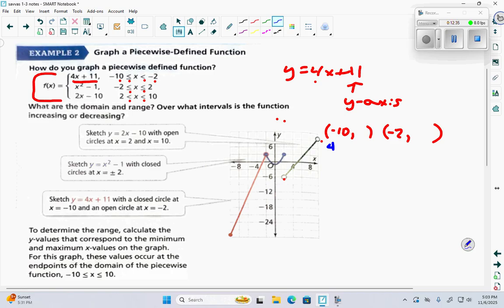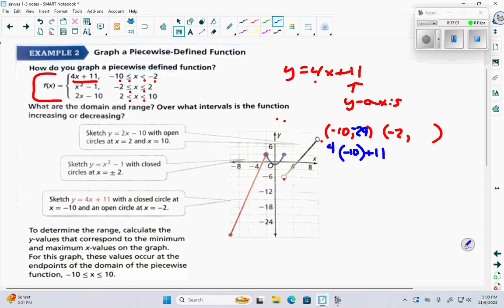So if I plug in 4 times a -10, and then add 11, 4 times a -10 would be a -40, which would be negative, I would add 11, and the coordinate winds up being about -29, sorry.